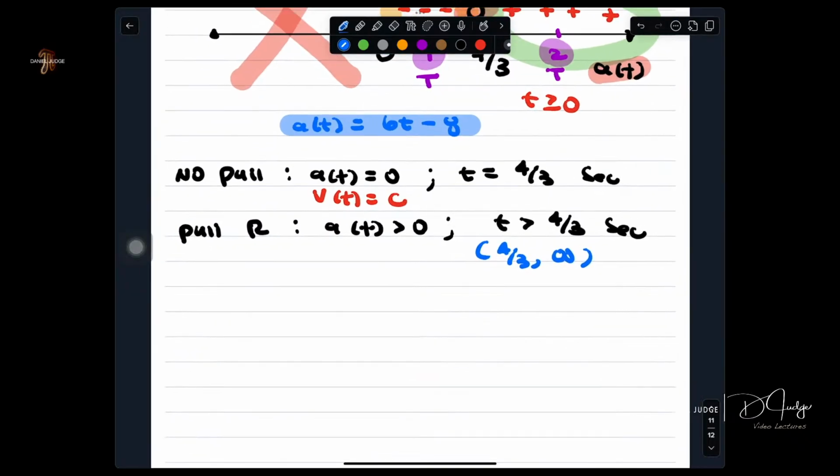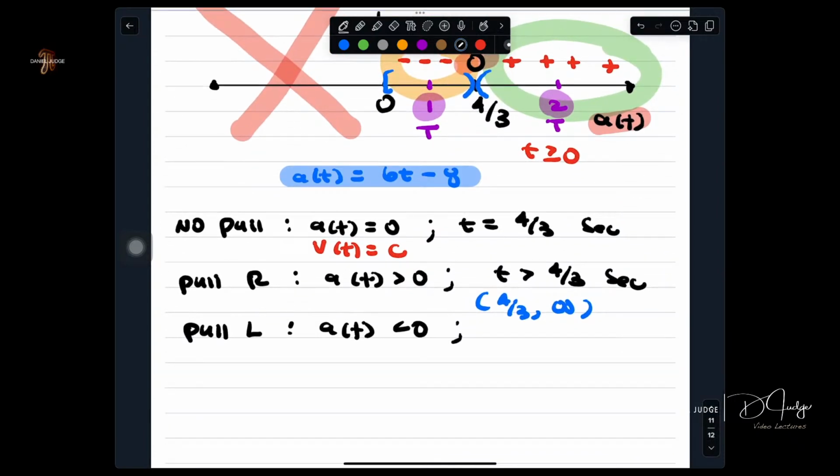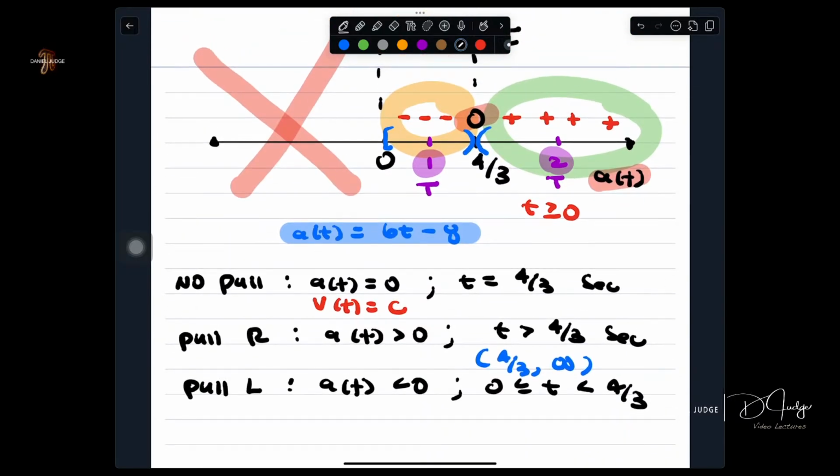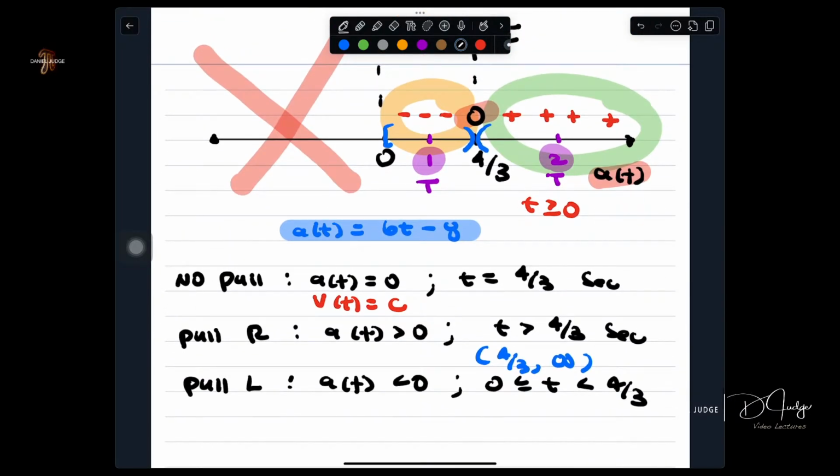So for the pull to the left, your acceleration has to be negative. And that happens again for t being between 0 and 4/3, but we include the 0. This is a square bracket here.